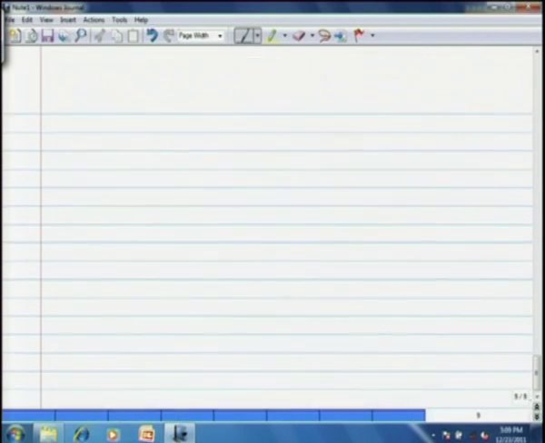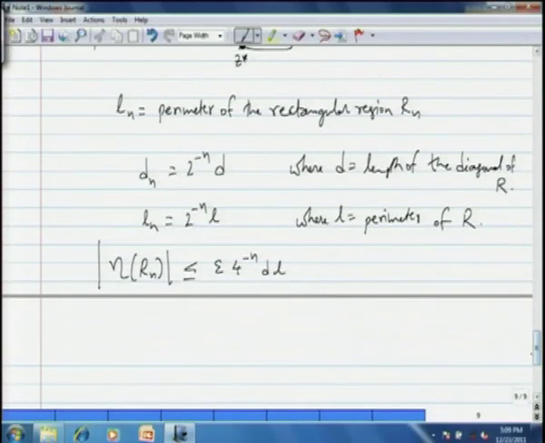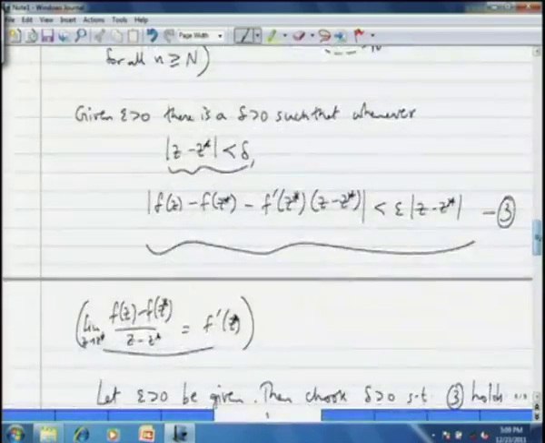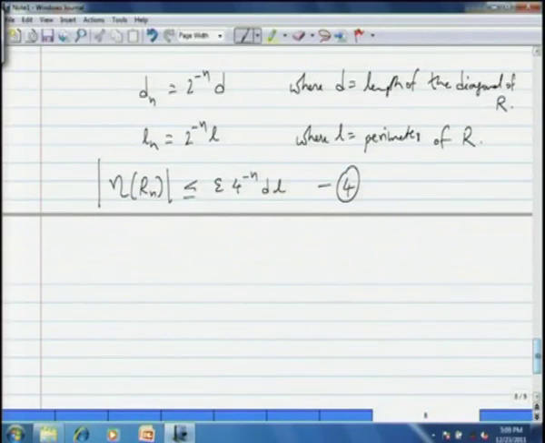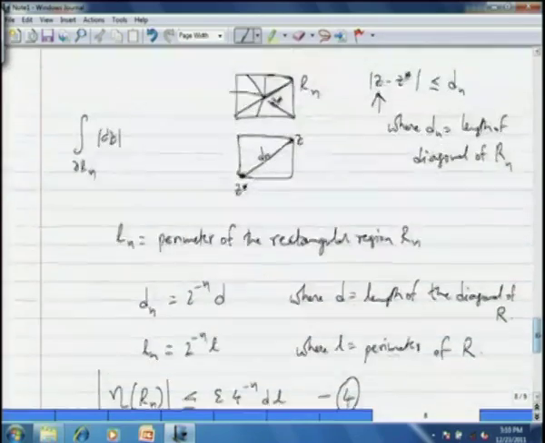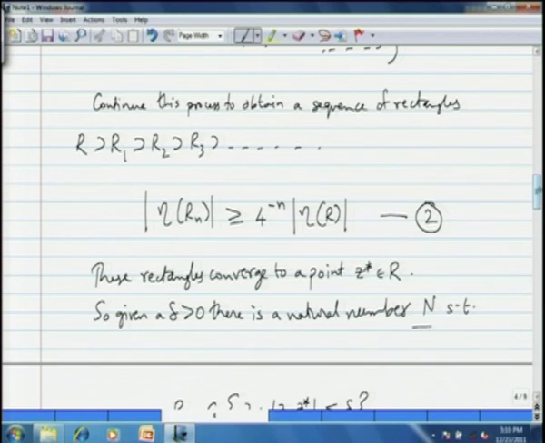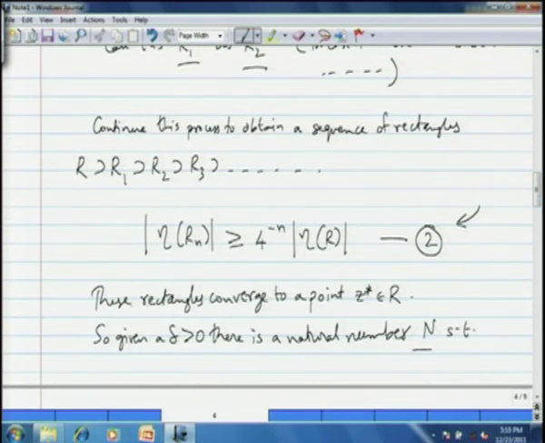So, this we will call inequality 4. Maybe I use 3... so, I am going to call this 4. From 1 and 4, I will go back to 1, or maybe 2 actually. 2 tells us that the modulus of eta of R n is at least so much, and 4 tells us that the modulus of eta of R n is at most so much.